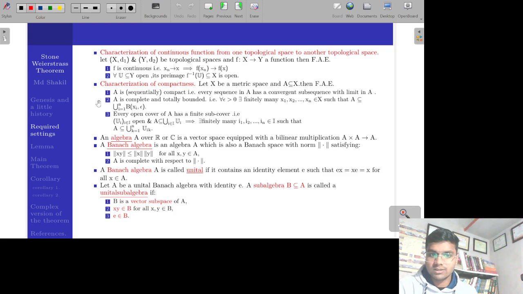Okay, so how do we prove this? The Bolzano-Weierstrass approach to prove the existence of a convergent subsequence is as follows. First of all, in a finite dimensional space, he takes the set of sequence points and divides it into two parts.